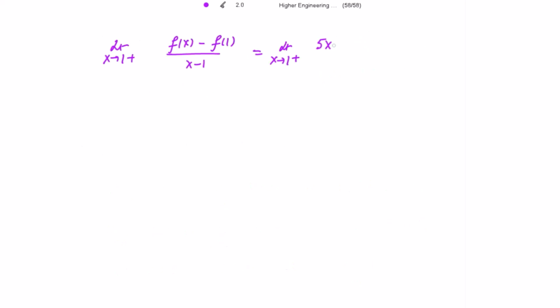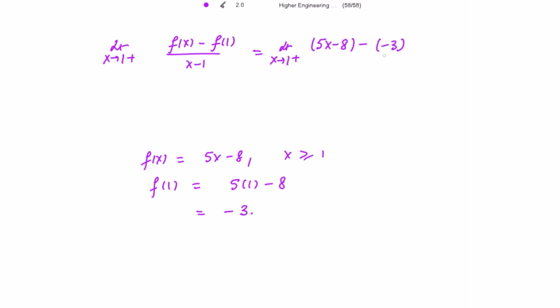So here it is 5x − 8 minus f(1), and f(1) becomes 5 into 1 minus 8, that is equal to −3, divided by x − 1.